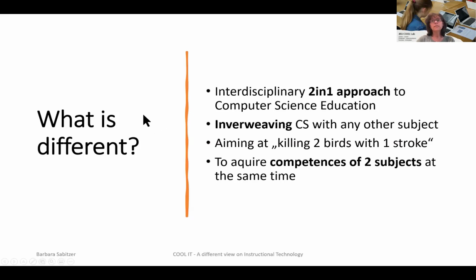We have an interdisciplinary two-in-one approach to computer science education that really interweaves the contents of computer science with those of other subjects, always aiming at killing two birds with one stroke, which means that we acquire competencies of two subjects at the same time.